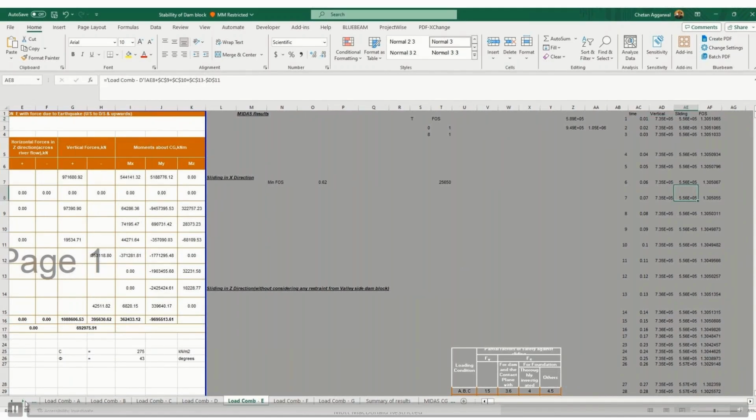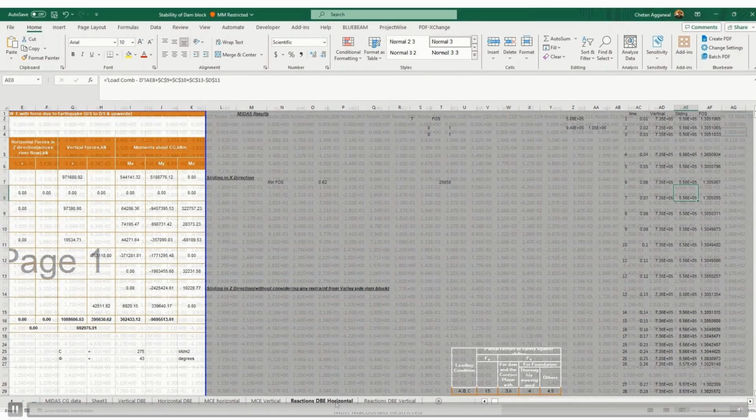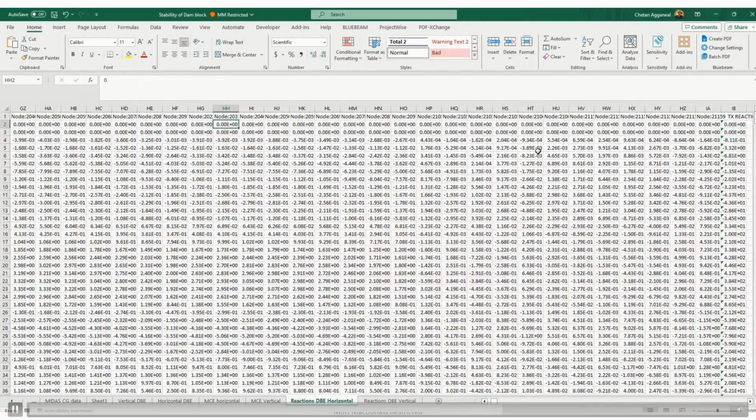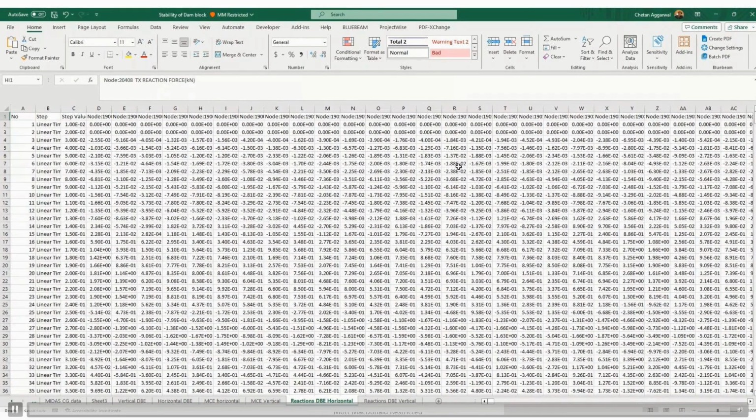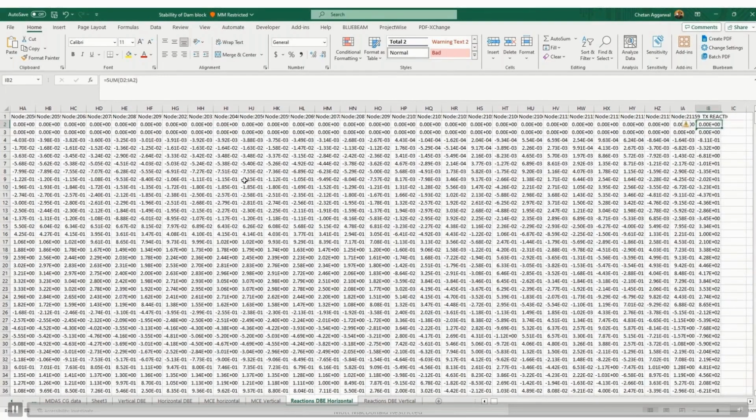So how to compile these results? I have these reactions with me. So I'll get the reactions for each node, I mean each node where the restraints are applied, where the supports are applied. So for each time cycle, say for 0.02 time step, whatever the time step, I'll get reaction on each node. Then I'll sum it, and then I can take it to the respective sheet D, E, G, whatever.